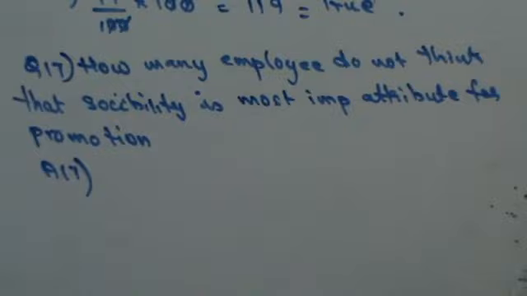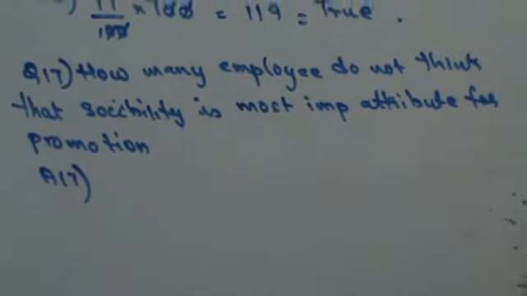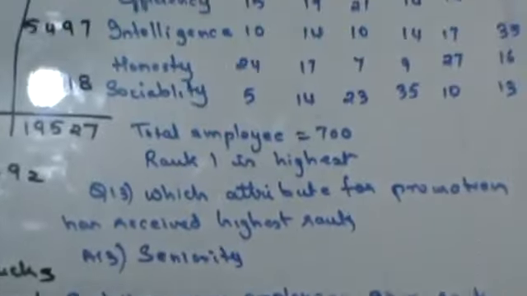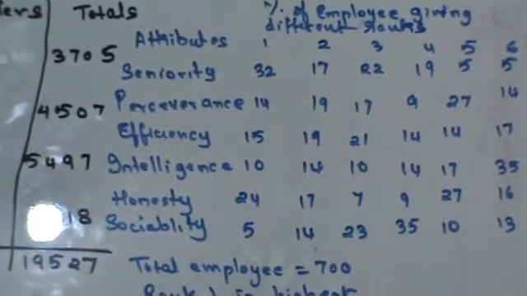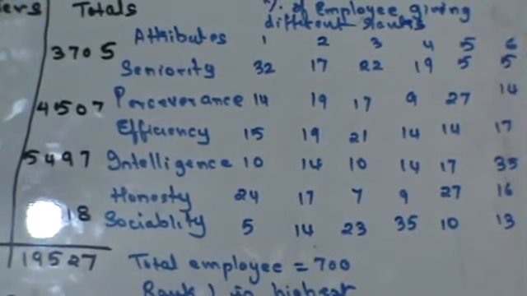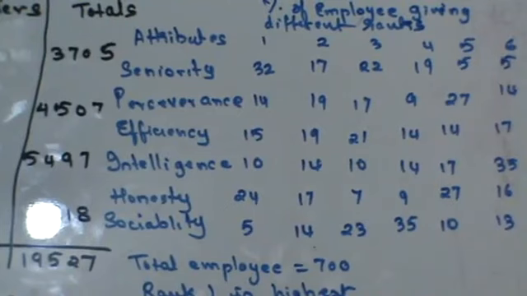Now see, if you look at rank 1, sociability, there are 5% of the employees who think sociability is the most important attribute for promotion.